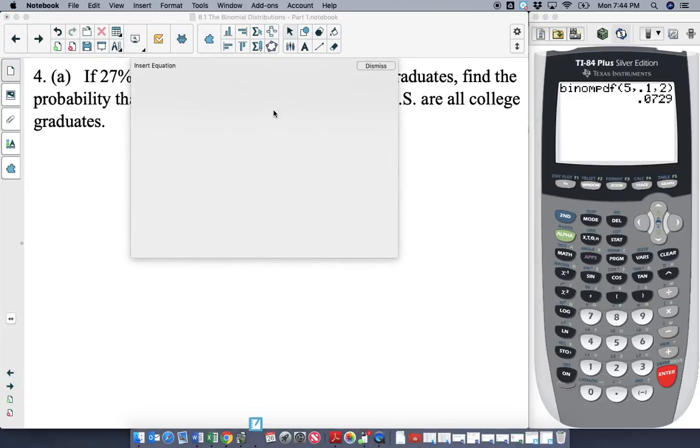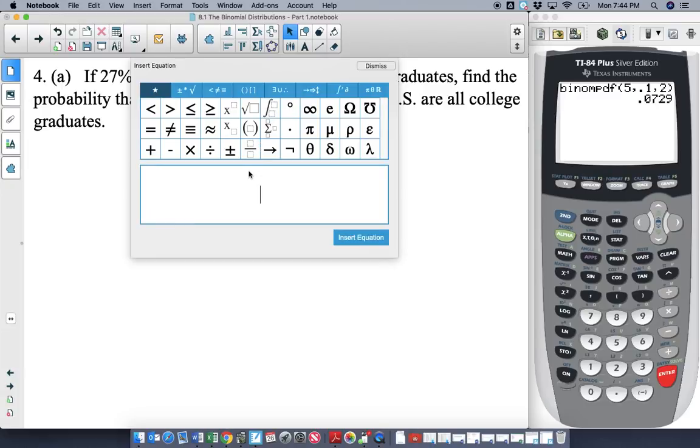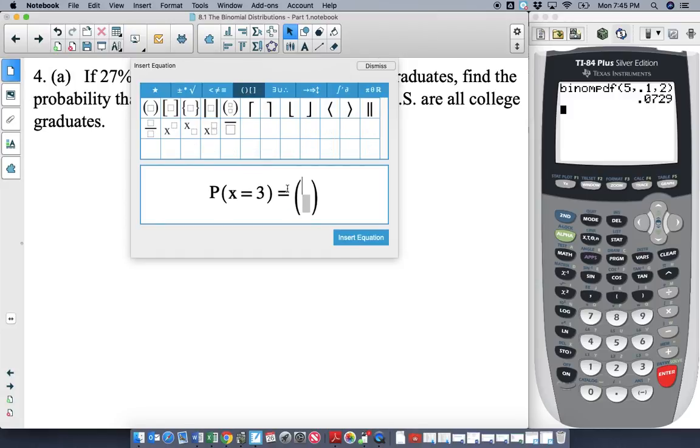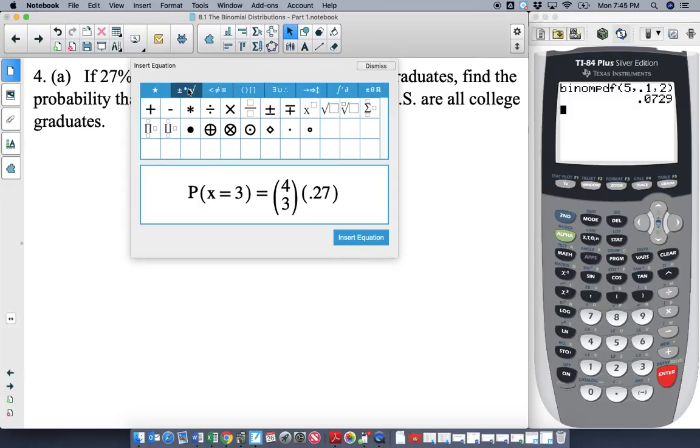So let's go into my equation editor again here so I can type this. We are finding the probability that x equals 3, which is 4 choose 3 times the probability of success, which is 0.27, to the 3rd power, times the complement of that.